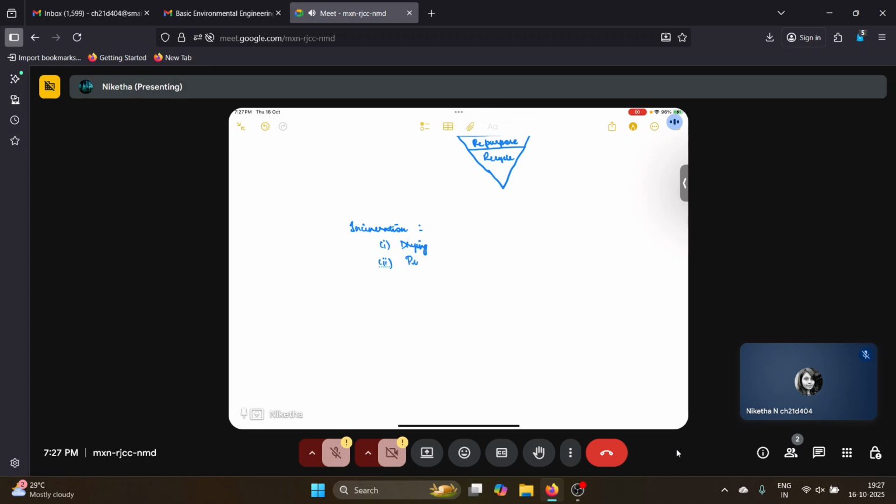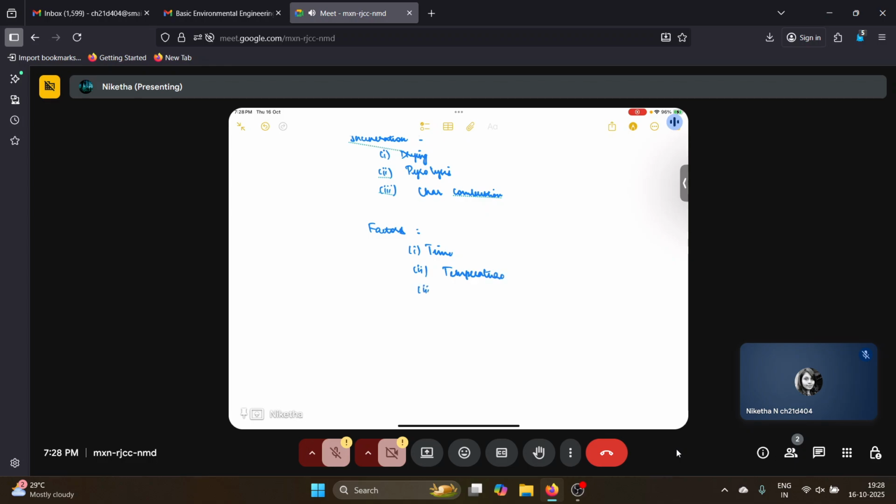And then pyrolysis and char combustion. So there are certain factors which decide the incineration. So those are time, temperature, and turbulence, or 3 T's.